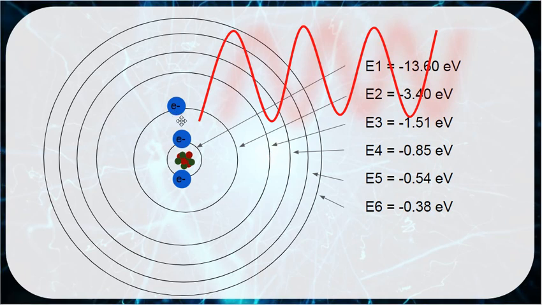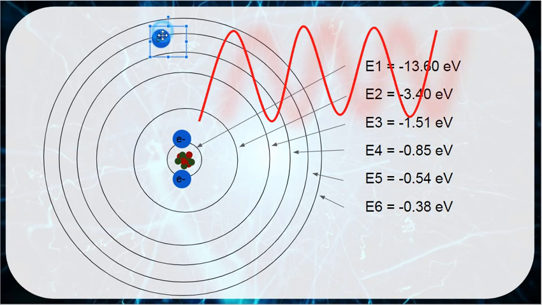And the reason that it's always a specific frequency of light is because the frequency is determined by how much this electron changes, and it can only change from one ring or one shell to another shell.